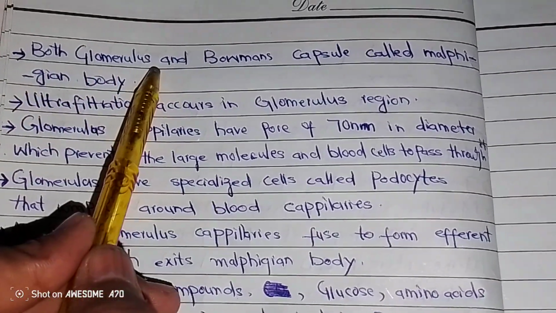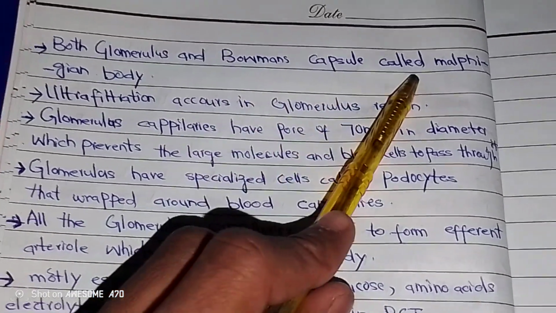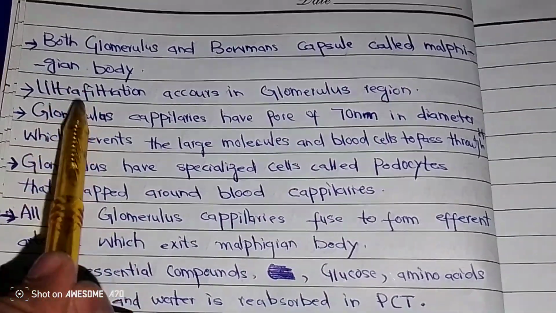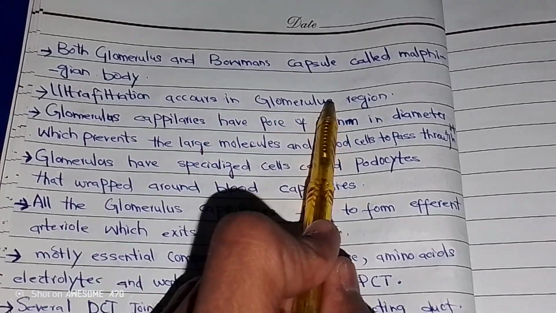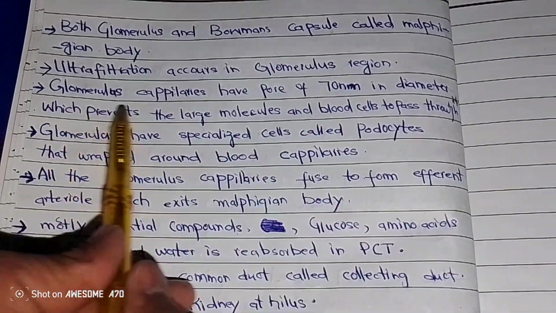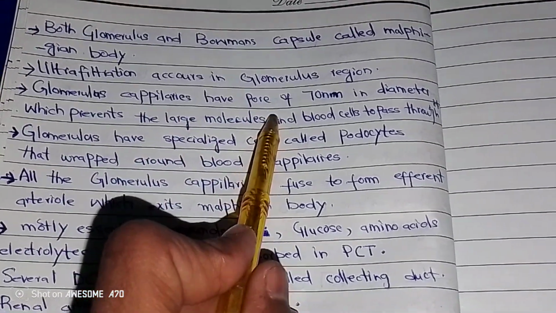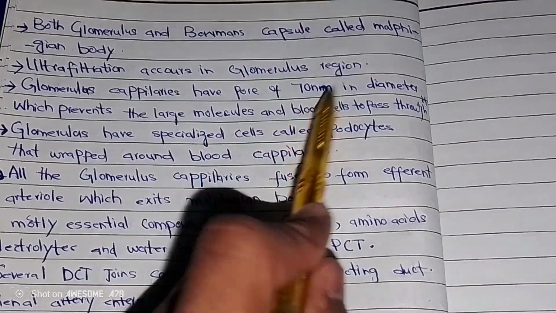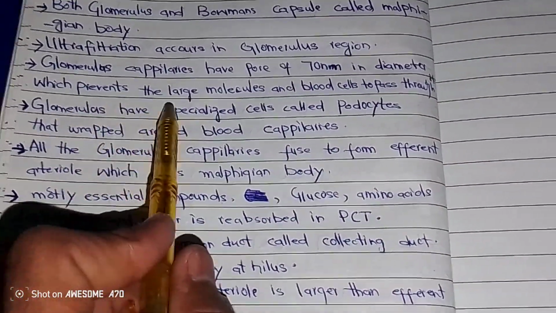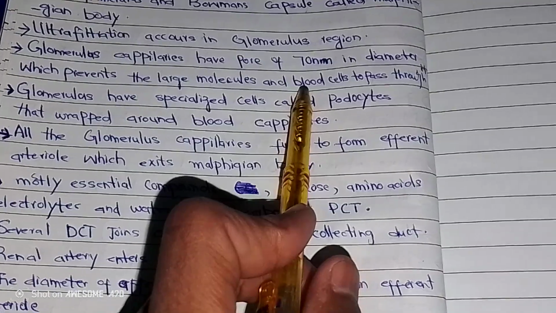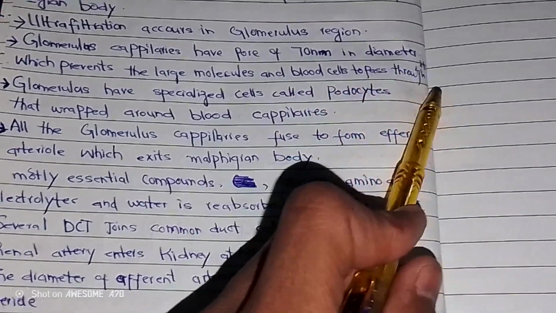Both glomerulus and Bowman capsule are called Malpighian body, and ultrafiltration occurs in the glomerulus region. Glomerulus capillaries have pores of 70 nanometers in diameter, which mostly prevent the large molecules and blood cells from passing through it.